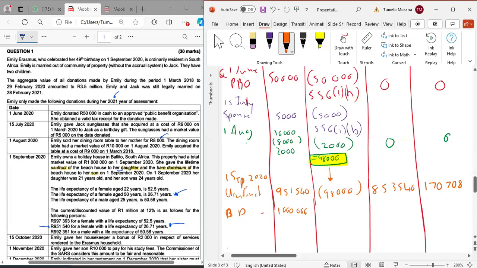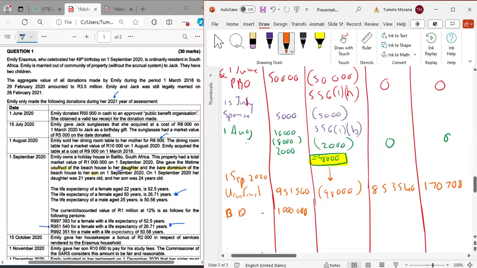If I look at the question, the total market value of the property is 1 million. Then we will have the annual value. Is the annual value the 12% of the market value, James?